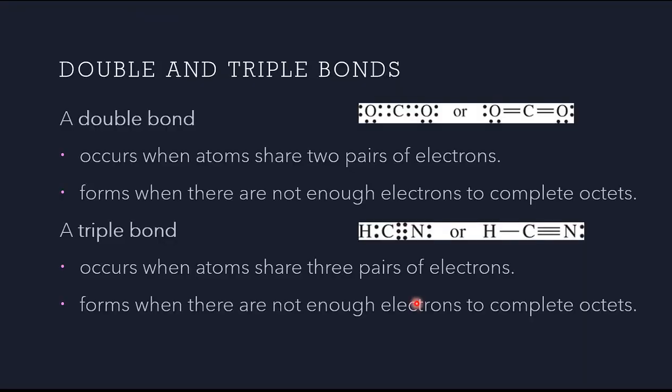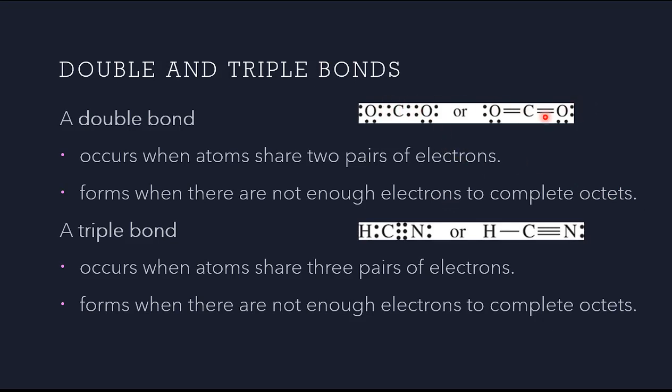All right. Now what about double and triple bonds? So a double bond occurs when atoms share 2 pairs of electrons instead of 1. This often forms when there's not enough electrons to complete the octet on the central atom or one of the peripheral atoms.